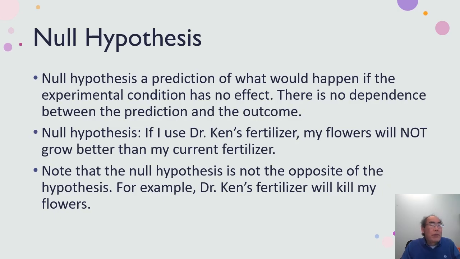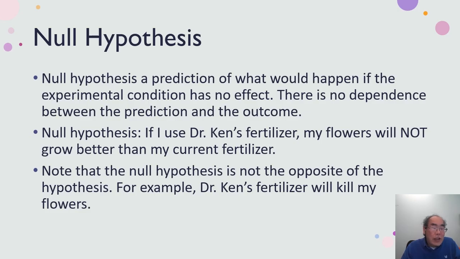Right? The null hypothesis is a prediction of what would happen if the experimental condition has no effect. There's no dependence between the prediction and the outcome. So in our example, the null hypothesis would be, if I use Dr. Ken's fertilizer, my flowers will not grow better than my current fertilizer.